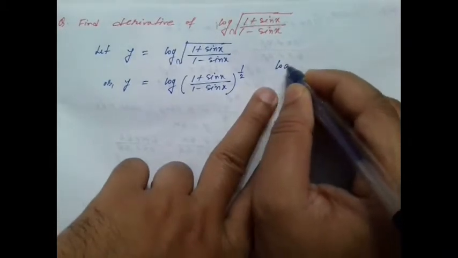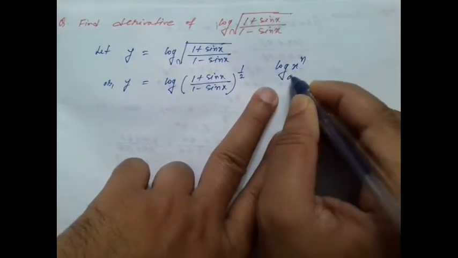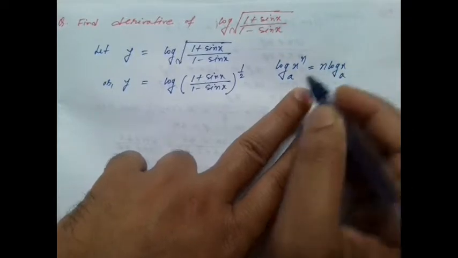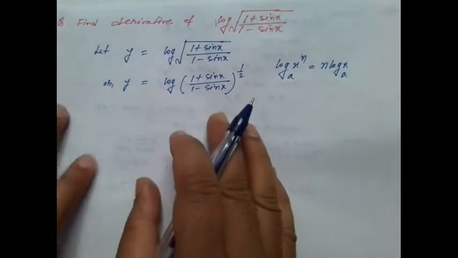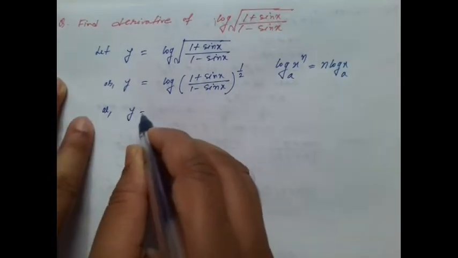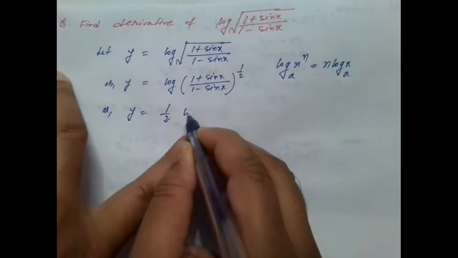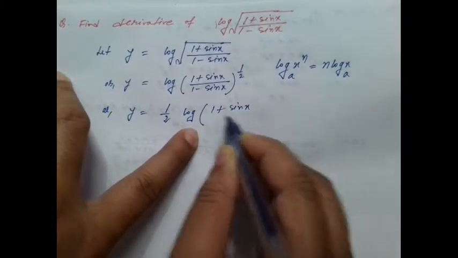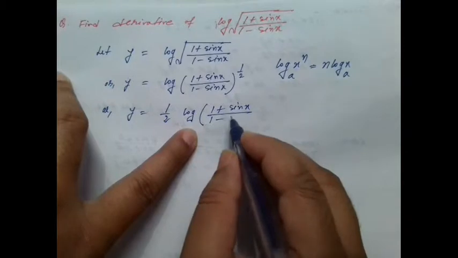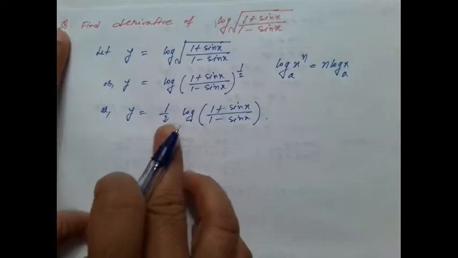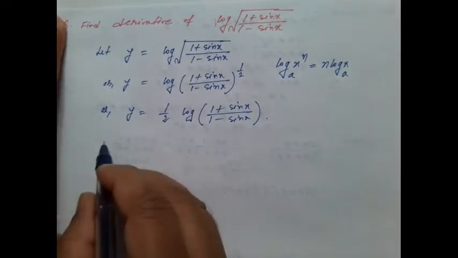As we know, log x to the power n to the base a equals n log x to the base a, meaning that power will come at the front, so y equals half log of (1 plus sin x by 1 minus sin x). This power has come here.